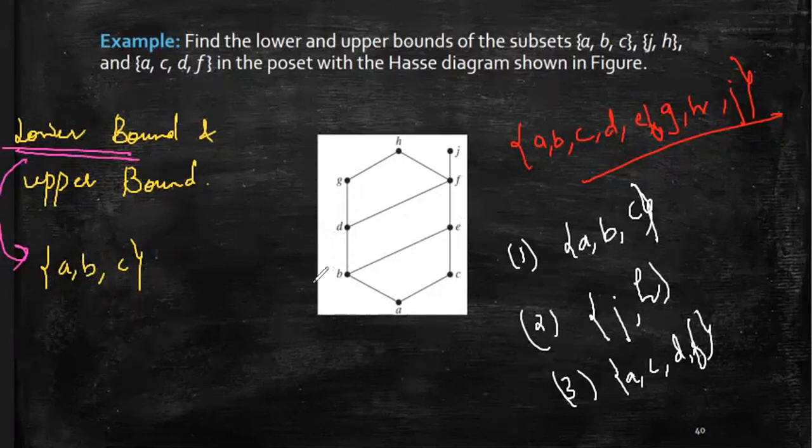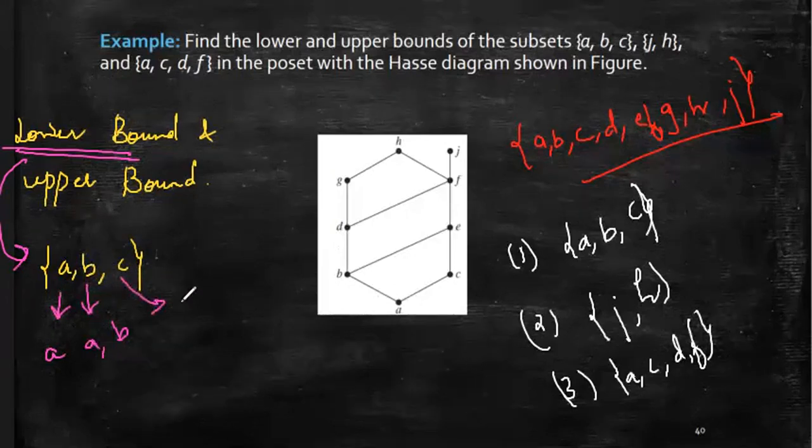First we check for A. For A we will have a self loop, so A is less than or equal to A, correct. So for A we have the lesser element A. What about B? For element B, B itself will be one element, and also A, since A is connected to B. For C, we will have A and C itself.